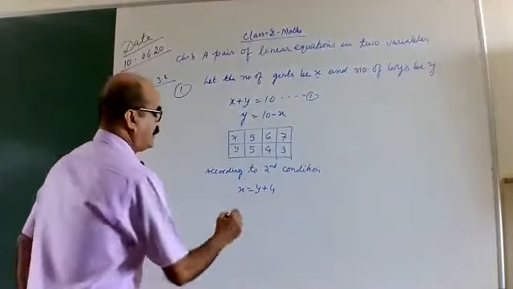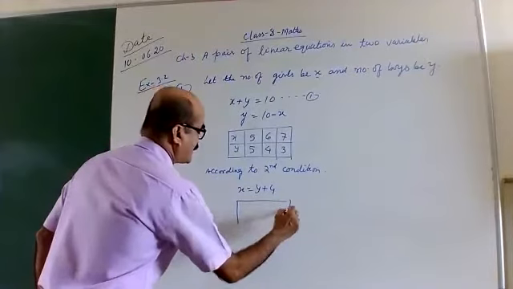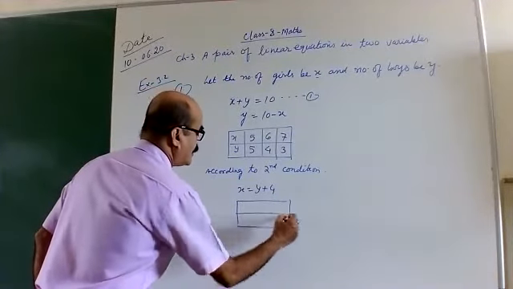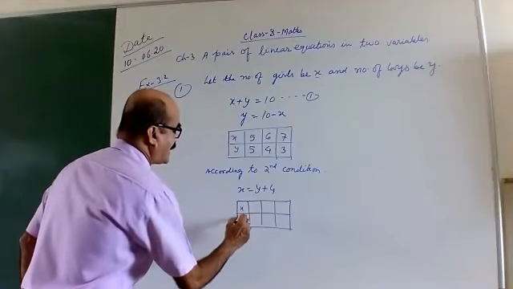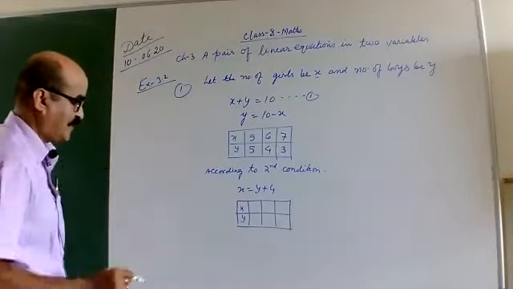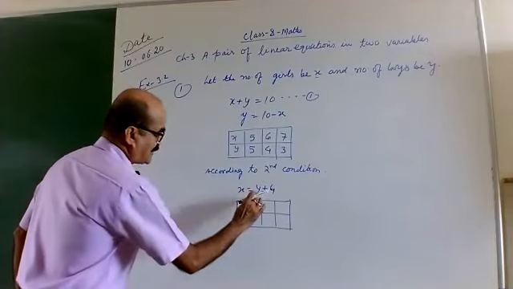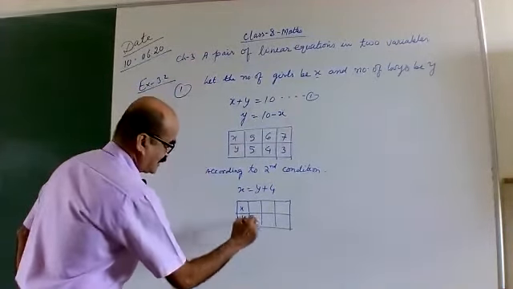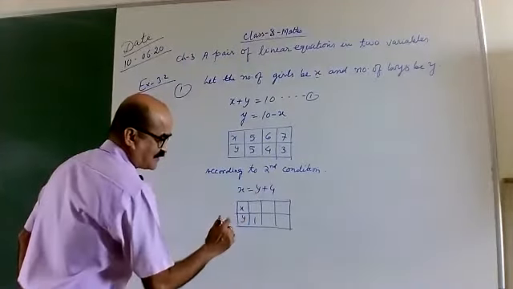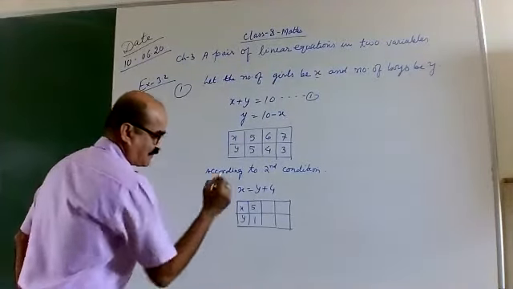Again, we'll take 3 points for this equation also. Suppose y is equal to 1, then x is 1 plus 4, which is 5.